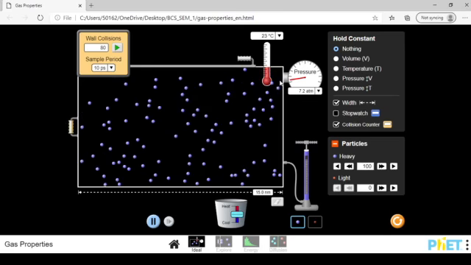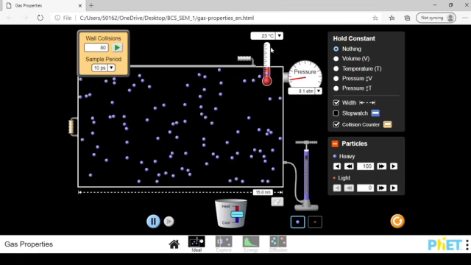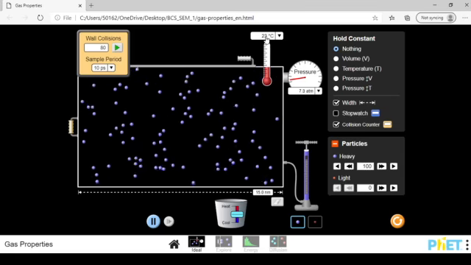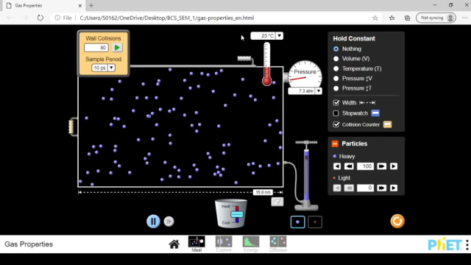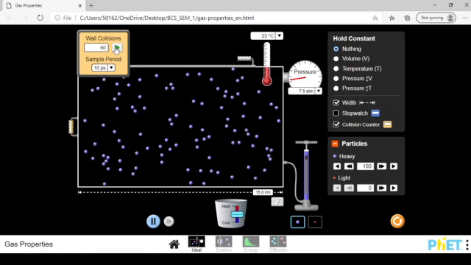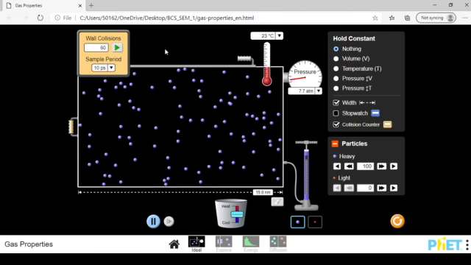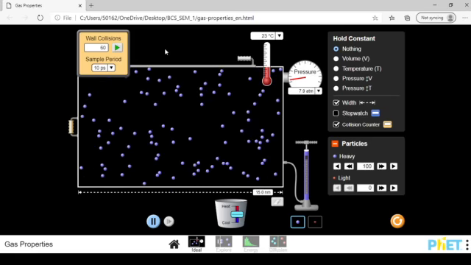So pressure has drastically decreased. Temperature is still there. Let me see what's happening with the collision amount. Collision is there, pressure has decreased. So what can we say?